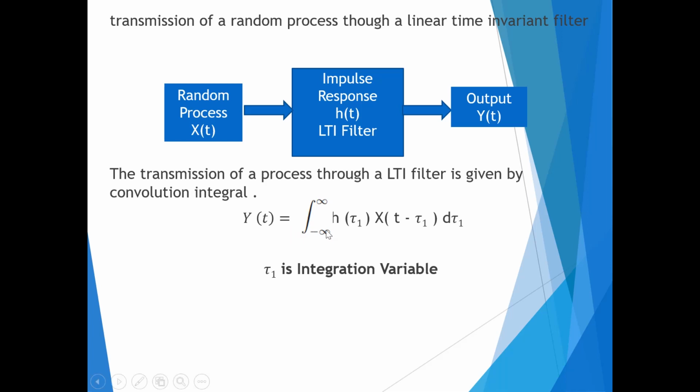Y(t) is equal to the integration from minus infinity to infinity of h(tau1) x(t minus tau1) d tau1, where tau1 is an integration variable. So we are going to transmit a random process x(t) through an LTI filter whose impulse response is h(t), and find out the output y(t).